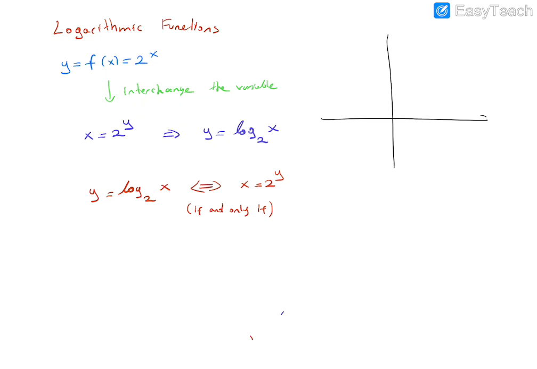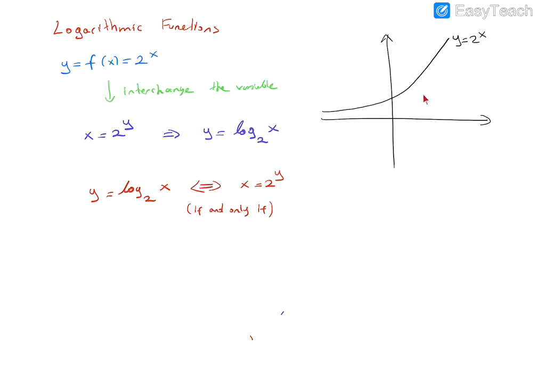We have already sketched the graph of 2 to the power x. But we need the graph of x equals 2 to the power y to sketch the graph of the logarithmic function. Here the order of the components changes. Okay, we interchange the order of the components.